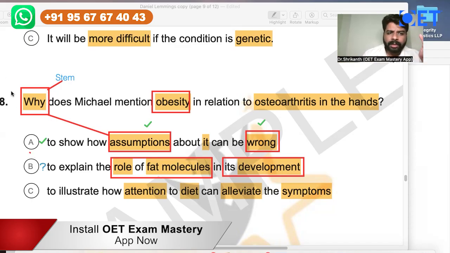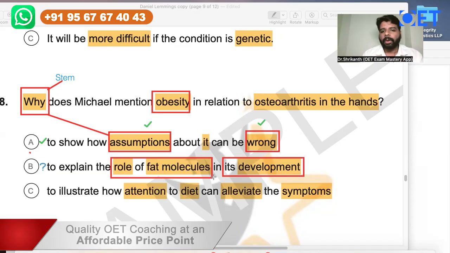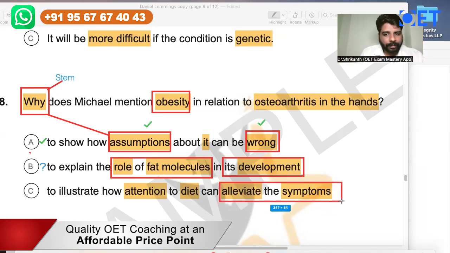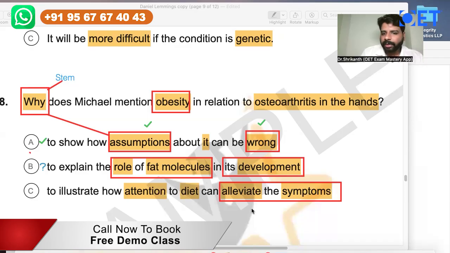Now let's come to answer option C. Option C says to illustrate how attention to diet can alleviate these symptoms. Towards the end, he is saying that if the patient is losing weight, it will have a positive effect.